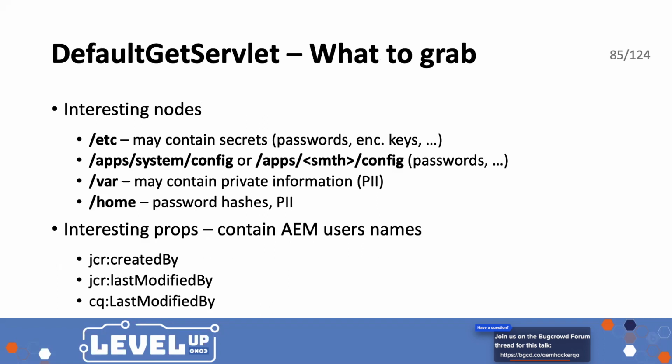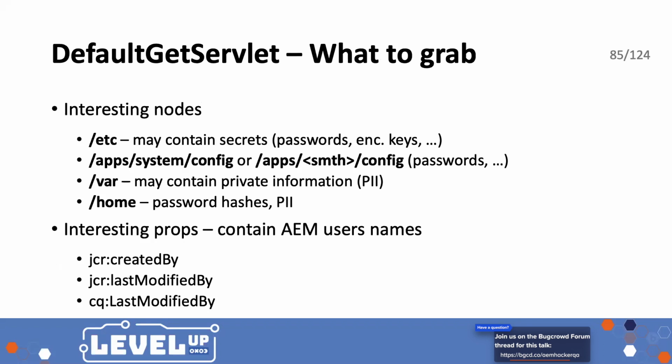Some common places to look into. Children nodes of etc usually contain various secrets: database connection strings with passwords, encryption keys, and secret tokens. Children nodes of apps/system/config and apps/something/config usually contain passwords.